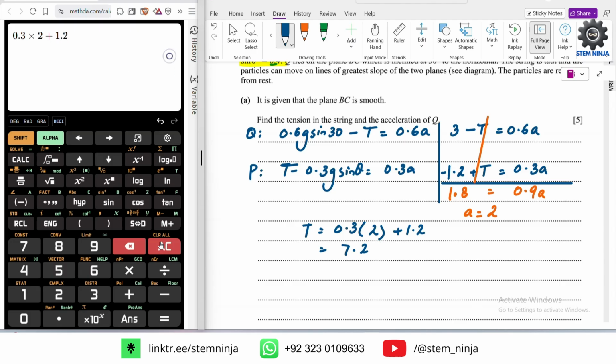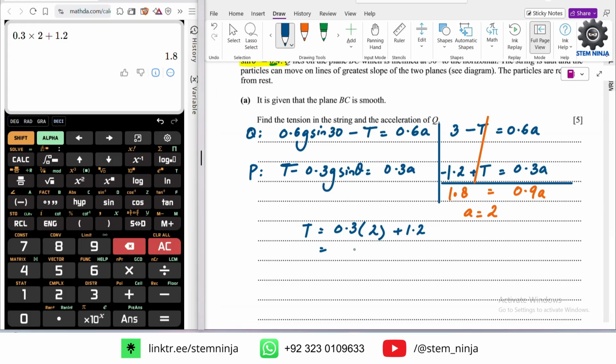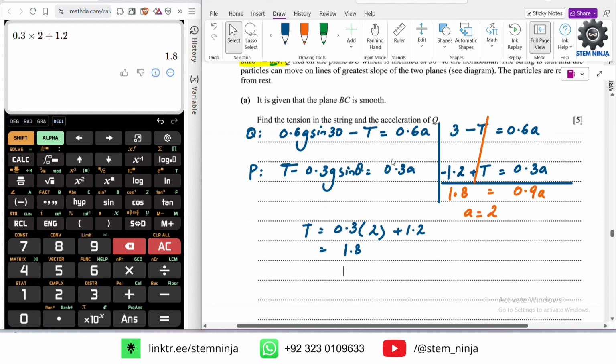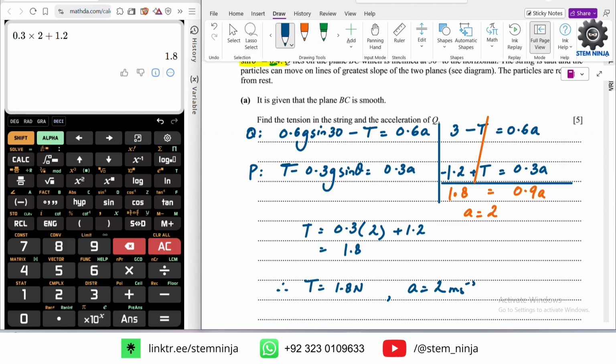Sorry, my bad, that was 0.6 plus 1.2, which is 1.8. That's it for the tension, and that is the acceleration. So therefore tension is 1.8 newtons and acceleration is 2 meters per second squared.